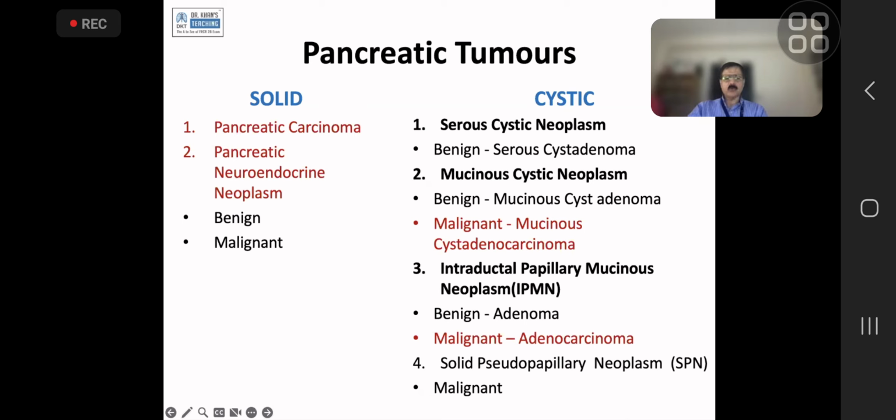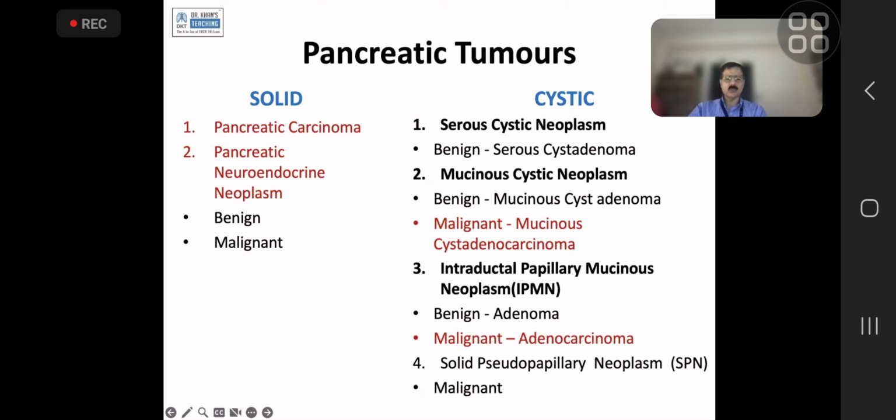The key concept to remember is that serous cystic neoplasm, that sponge-like lesion, is a benign lesion which does not change into malignancy. On the other hand, mucinous cystic neoplasm can convert to malignant mucinous cyst adenocarcinoma. Similarly, intraductal papillary mucinous neoplasm can convert to adenocarcinoma.